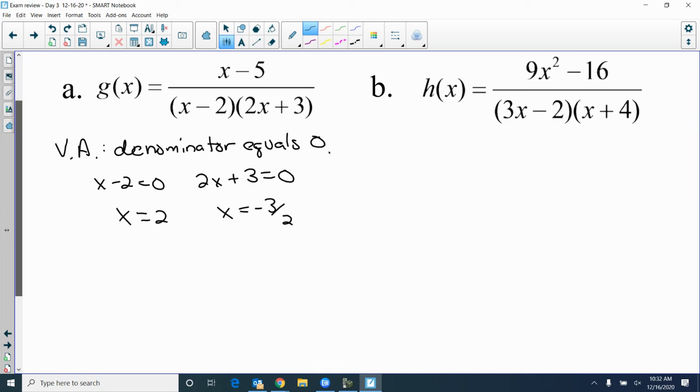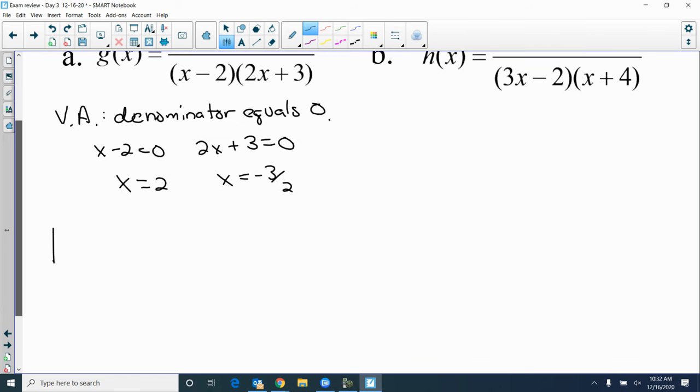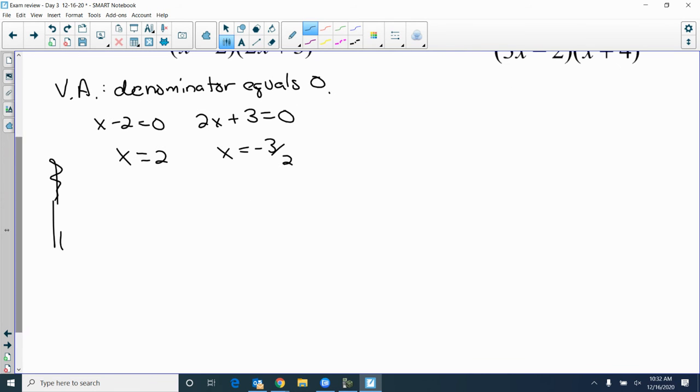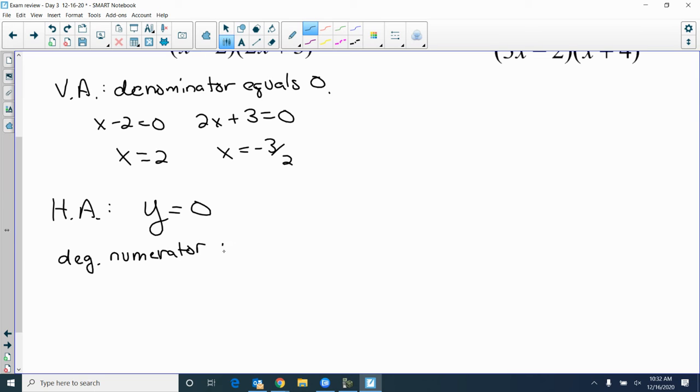So this one here, our horizontal asymptote is y equals 0. And that occurs when the degree of the numerator is less than the degree of the denominator.